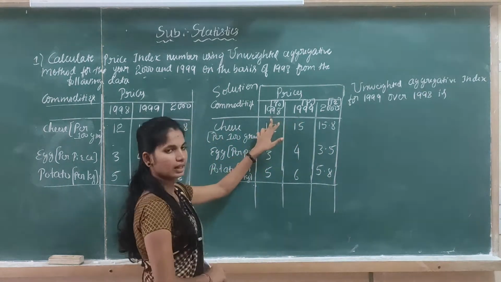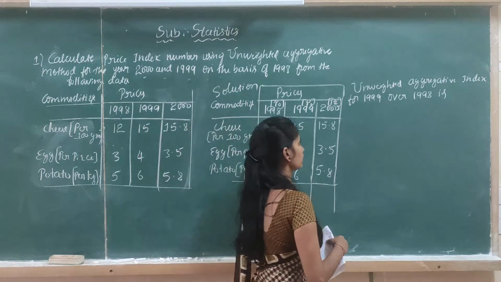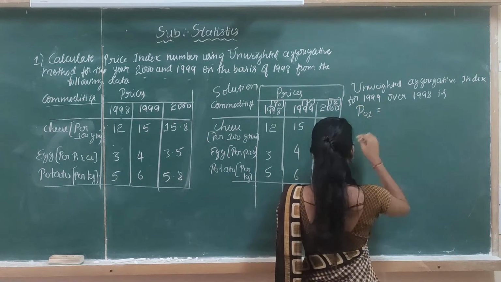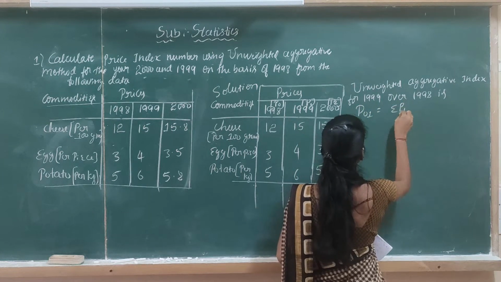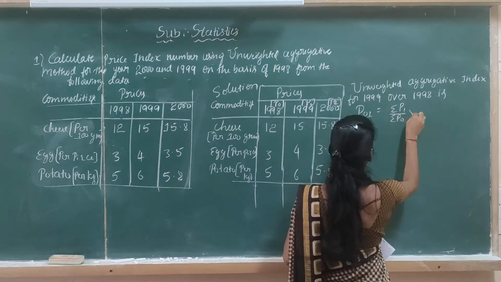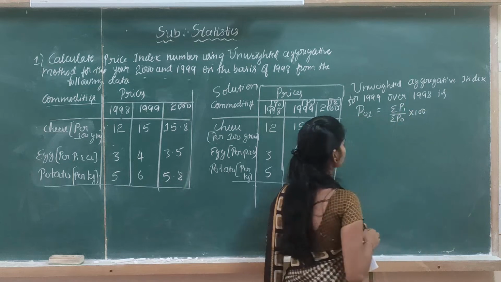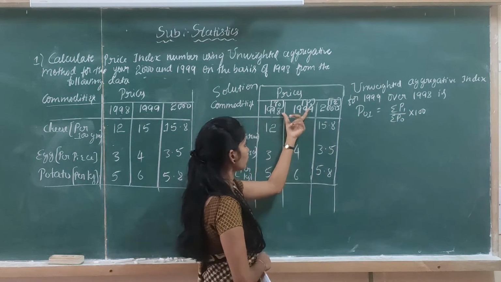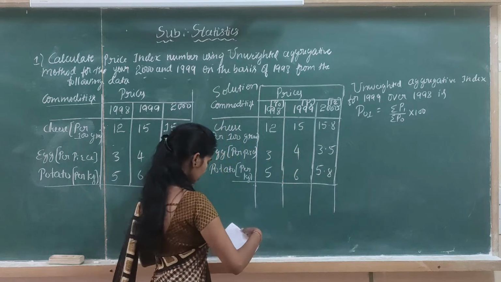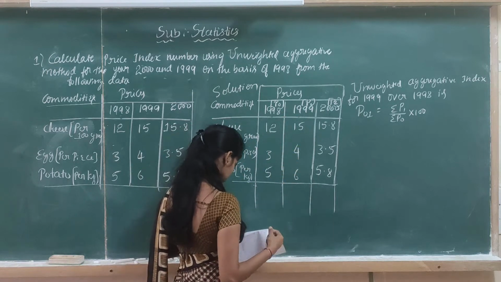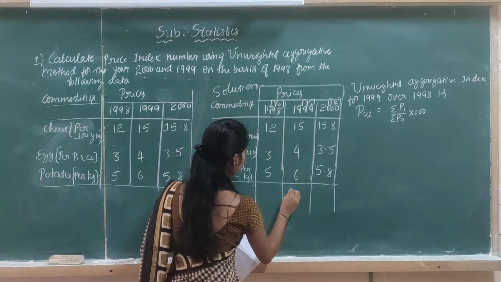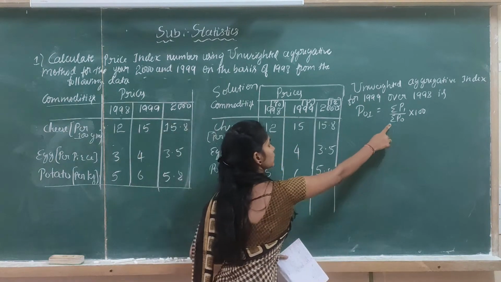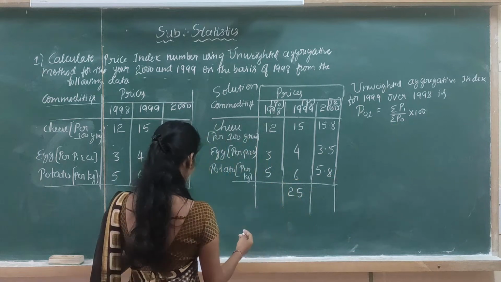The formula is P01 equals summation P1 divided by summation P0 into 100. Summation P1 is nothing but the total of P1. So total the P1 values, that is 25, and the summation P0 value is 20.